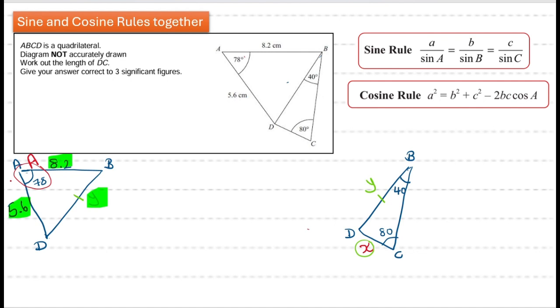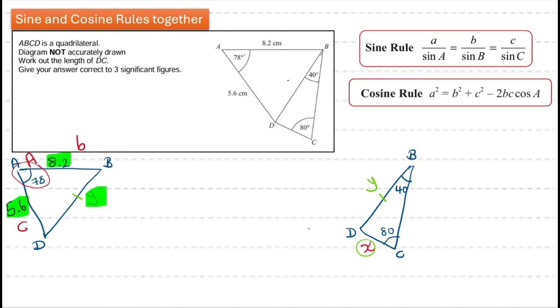But in order to avoid any confusion, we are not going to write lowercase a, as we have already labeled that side BD, which is opposite angle A, by the letter y. And the other two sides, which are 8.2 and 5.6, are going to be labeled in any order by letters B and C.